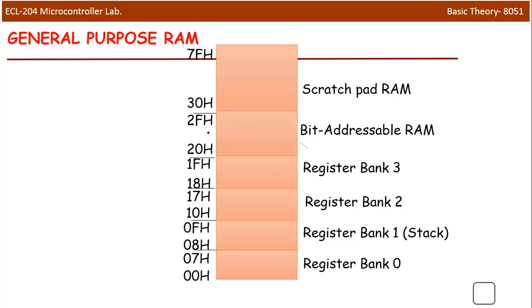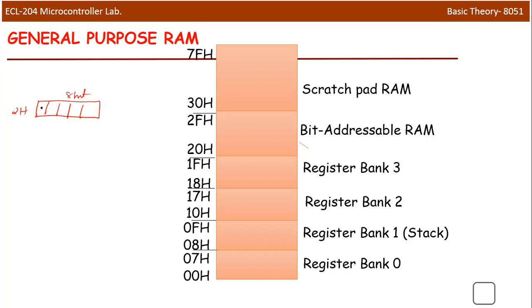And from 20 to 2FH there is again some speciality. They are also bit addressable. We already mentioned that a memory location can hold 8 bits. For example, we can consider one location 21H. This 21H can hold an 8 bit value, and these 8 bits are again bit addressable.